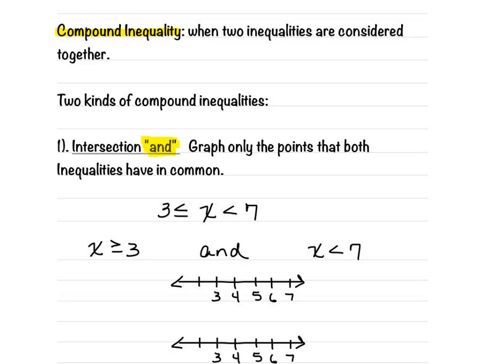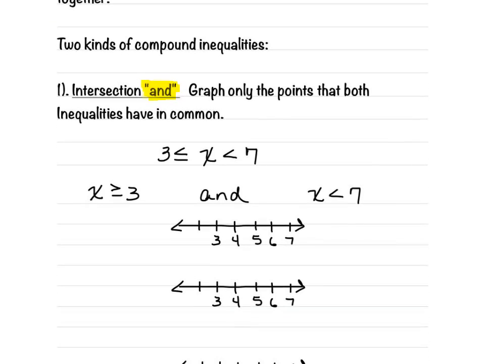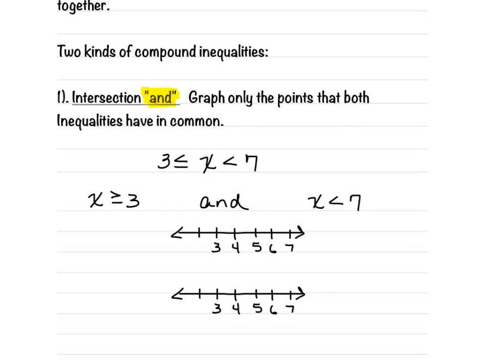The "and" inequalities will look one of two ways. You may see a statement where x is in between, with two inequalities written as one statement. You read it this way: 3 is less than or equal to x, which is less than 7.